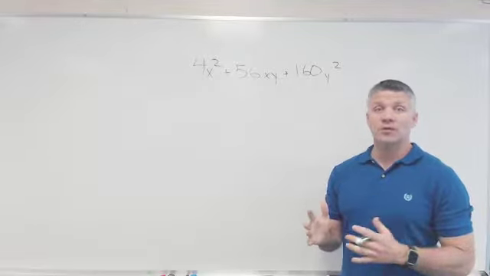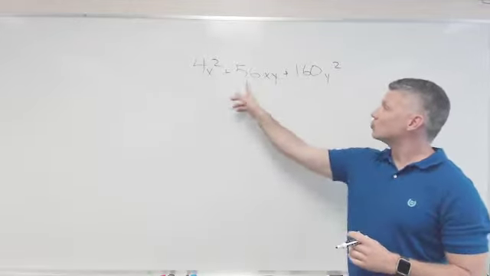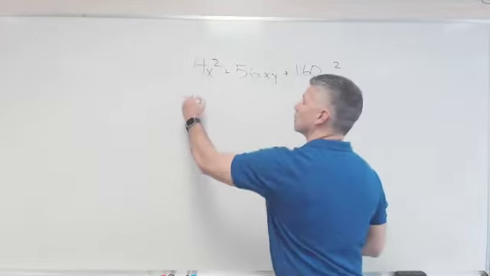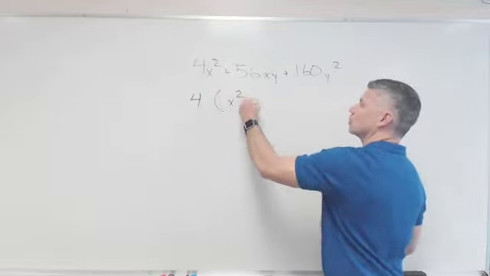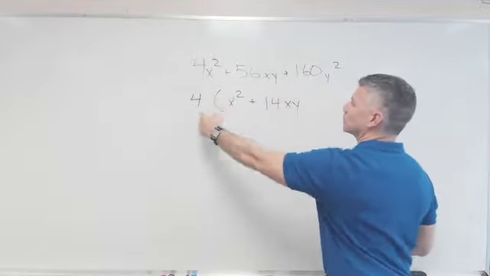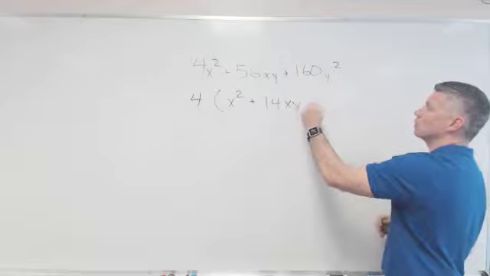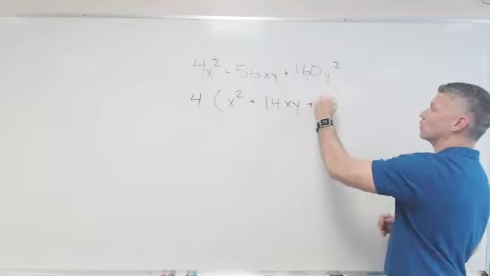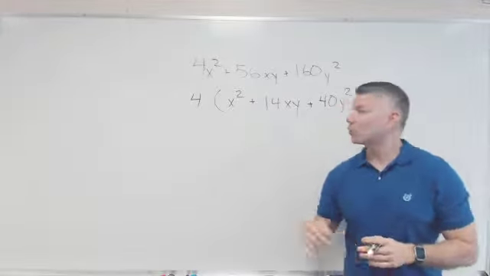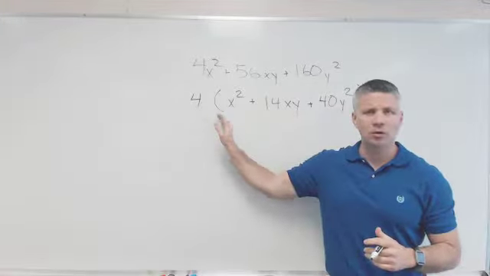We should notice that we have a GCF. Each term can factor out a 4. Let's do that. 4x squared plus 14xy, 56 divided by 4 is 14, and 160 divided by 4 is 40y squared. So right away we made this problem look a little better.